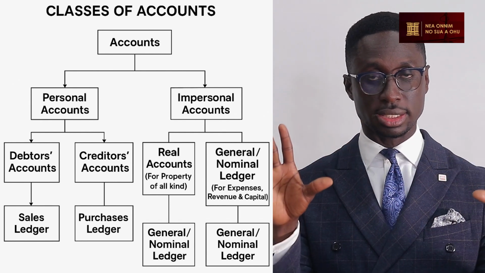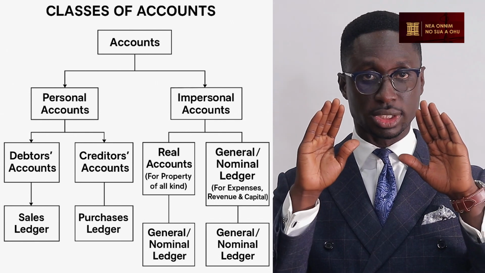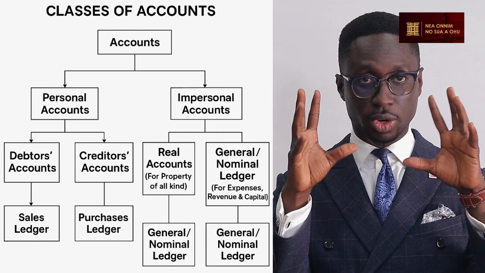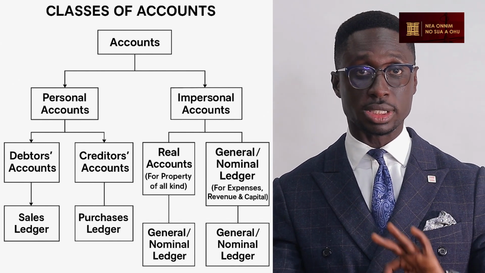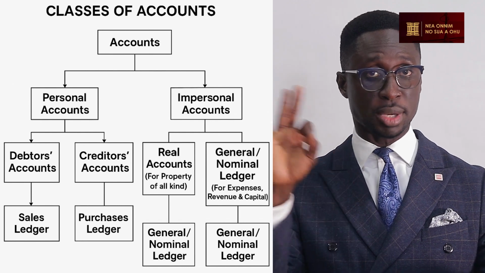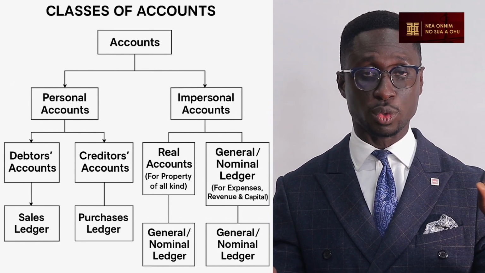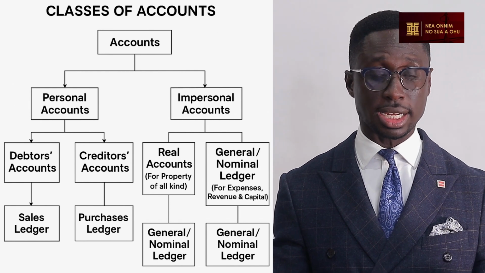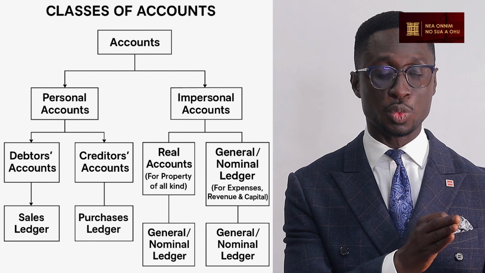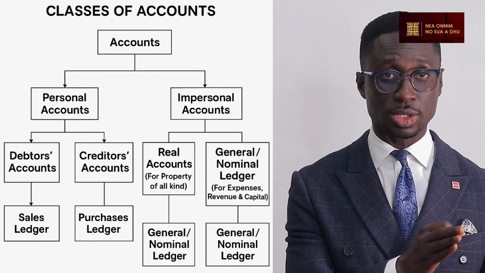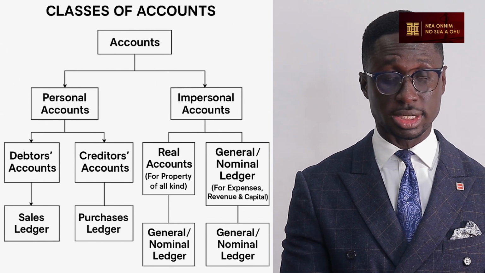So you can see the table where we start from accounts in general, and we have them classified broadly under two headings, which is personal and impersonal accounts. And under personal accounts, we will typically have what? The debtors account and the creditors account. The debtors account flowing down into the sales ledger, and the creditors account flowing down into the purchases ledger.